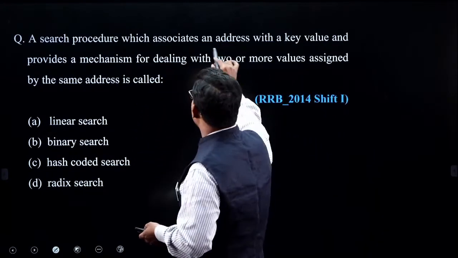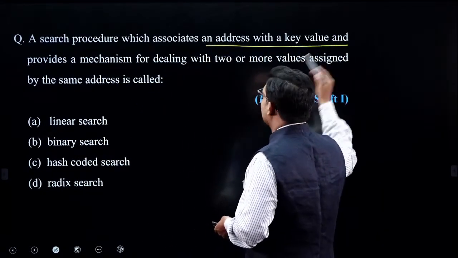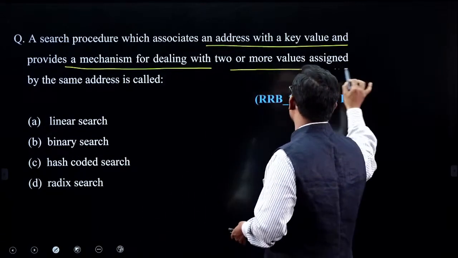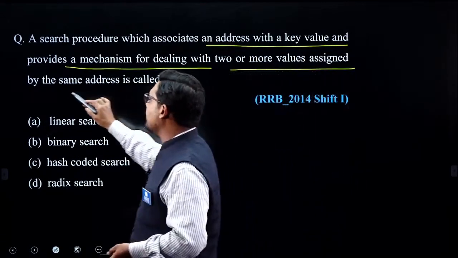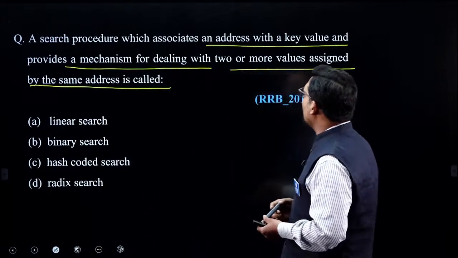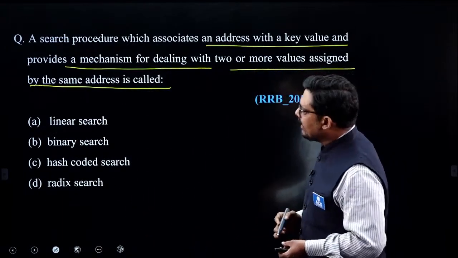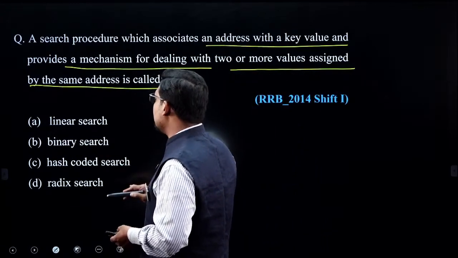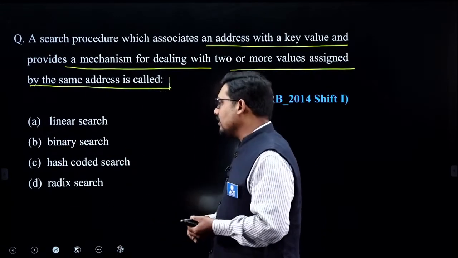A search procedure which associates an address with a key value provides a mechanism for dealing with two or more values assigned to the same address. This is called what? Here, in linear search and binary search, we never do this.